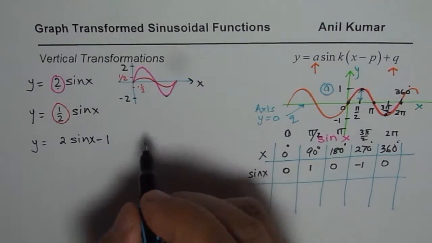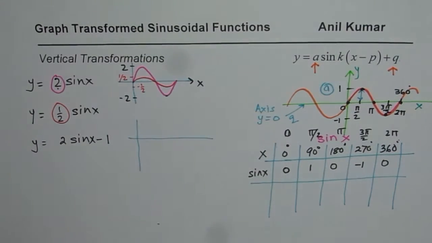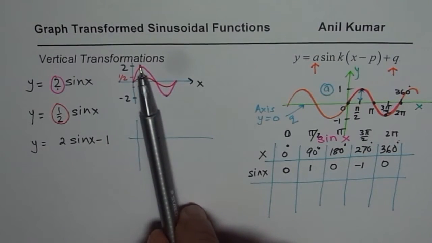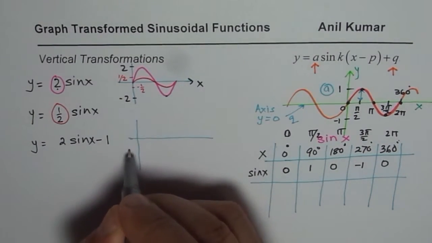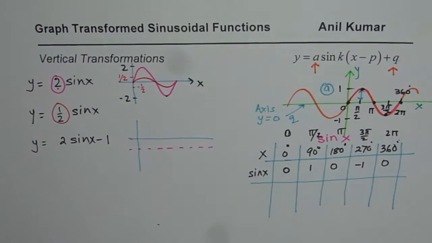The sine function, once it gets multiplied by 2, is vertically stretched by a factor of 2, that is the first portion, which we saw here. Minus 1 brings the whole graph 1 unit down. So that means this axis actually moves 1 unit down. Do you see that? So that is the effect of minus 1, right?